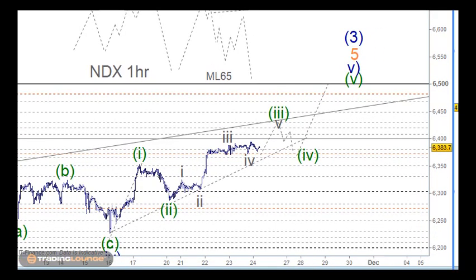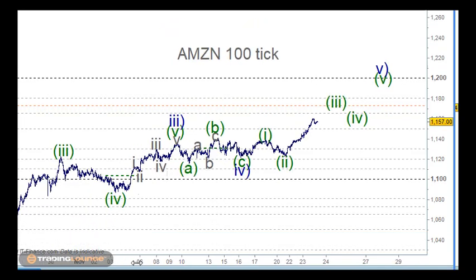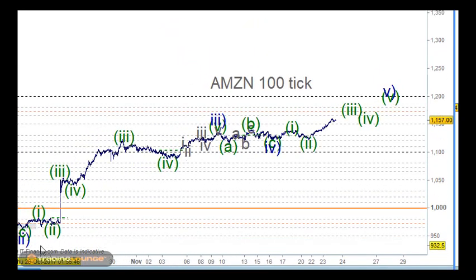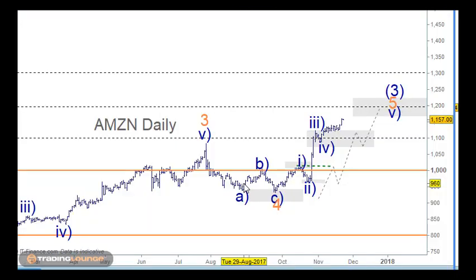And if we have a look at, well, we've been using Amazon a lot, so we'll just continue to use Amazon. We've looked at from the low here, it might just be better to go to the daily chart just to have a quick look. So we were looking at wave 3 here with an A and a B and a C, then wave 1, and we had this as wave 2 here, but on the intraday we got our entry in here, and we're looking for wave 3 to go up nice, strong and long, and then we're looking for wave 5 to go up.